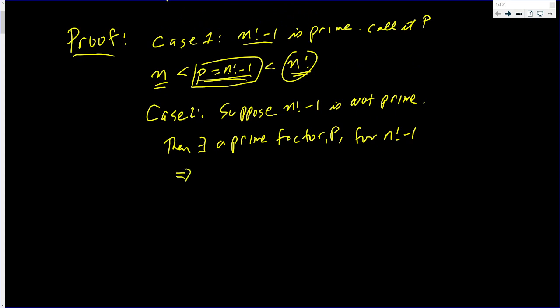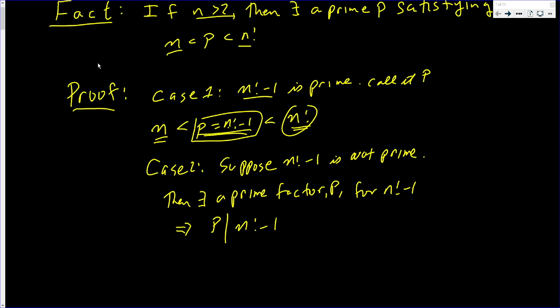But that implies that p divides n factorial minus 1. Now, we want to show that p is in between n and n factorial. So suppose otherwise.